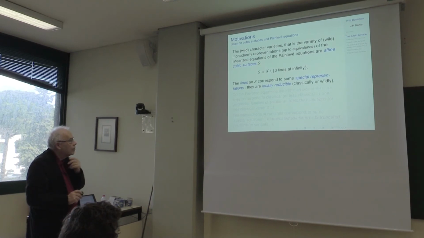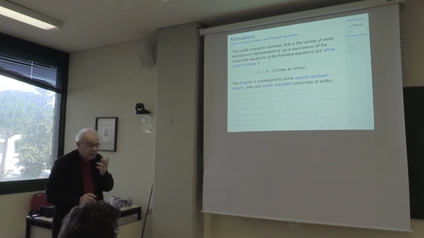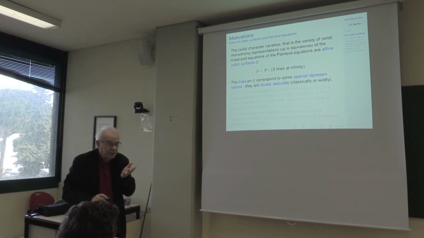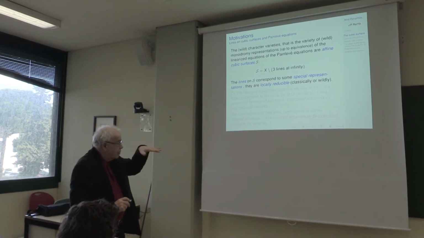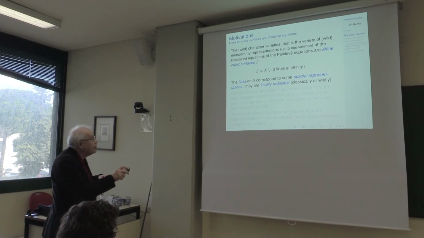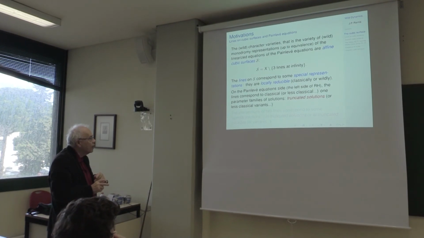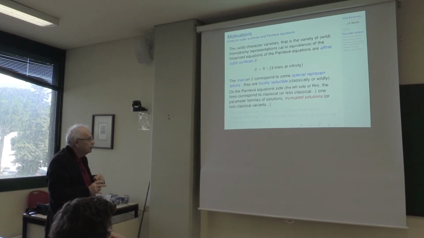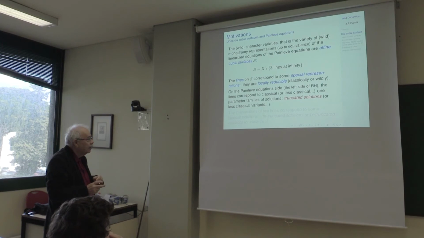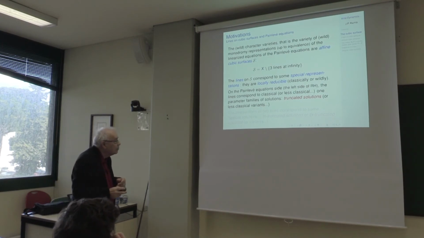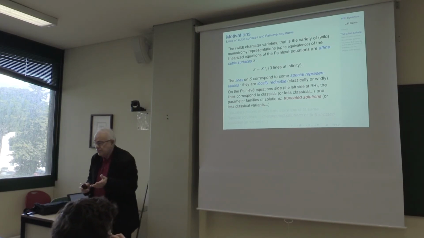Okay, so in the case of Painlevé equations, you have a cubic surface, smooth or not, but it's an affine surface, that is, you remove 3 lines at infinity. And now the lines on S correspond to some special representations, I will explain. And for the Painlevé equation, in the generic case, this line corresponds in some cases to a classical solution.